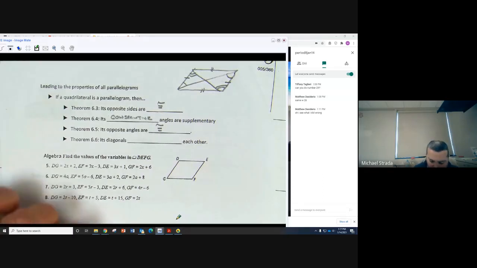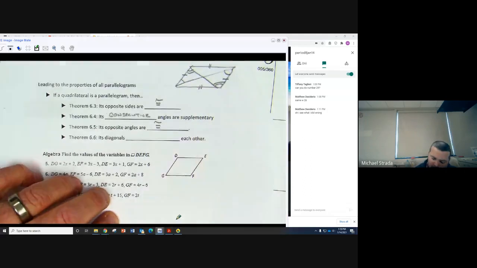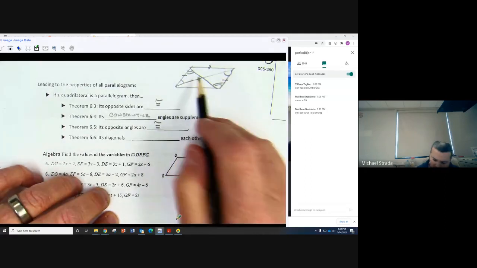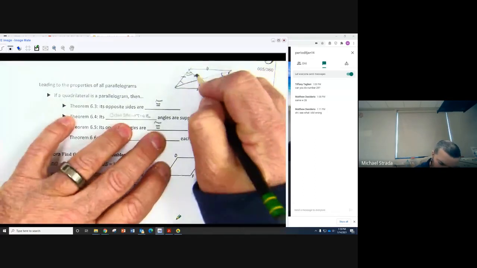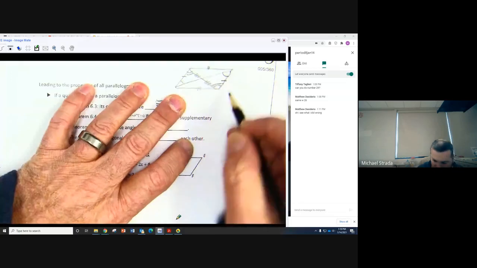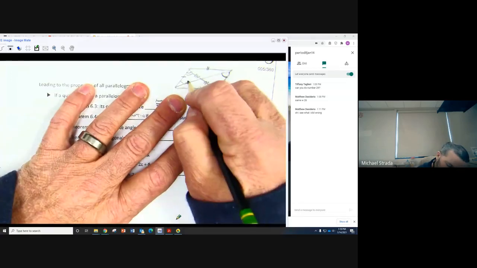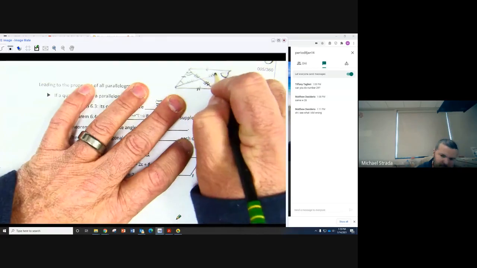Well, you should then be able to notice that these two triangles are congruent by angle, side, angle. It could also be angle, angle, side if we use the vertical angles. Most importantly now, this segment, the one that touches the 2, is congruent to that segment, which also touches the 2. And then that segment, which touches the 1, is congruent to that segment, which touches the 1.